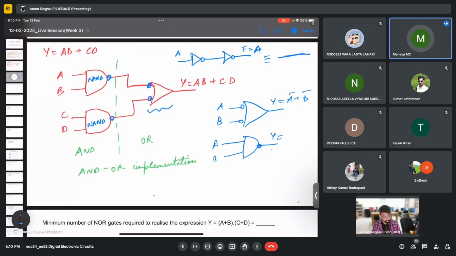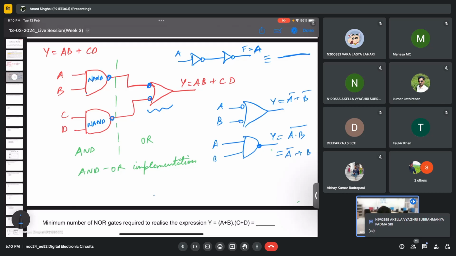A into B complement, so A dot B complement. If I open the same, it will be nothing but A complement plus B complement, which is exactly similar to this. So what I am trying to emphasize here is that these both are NAND gates. Is it right?